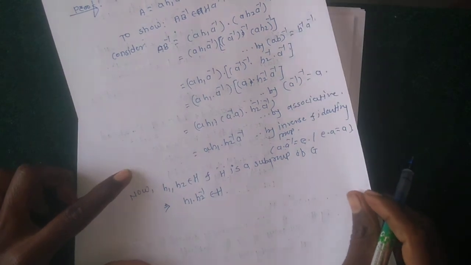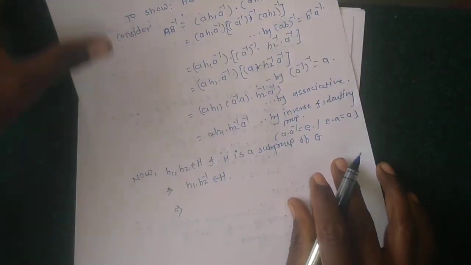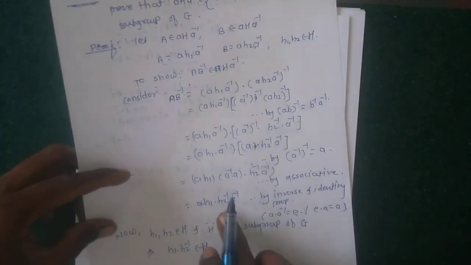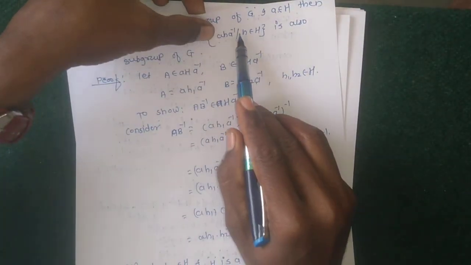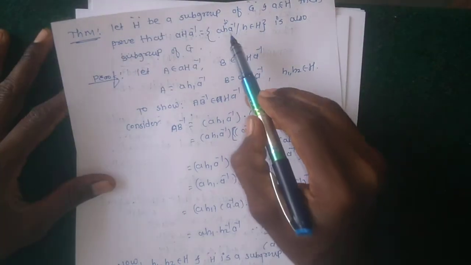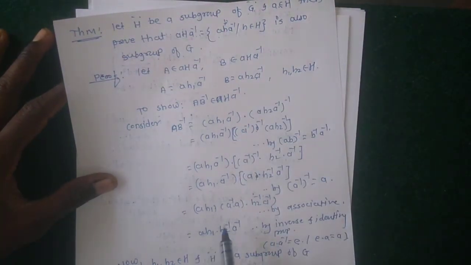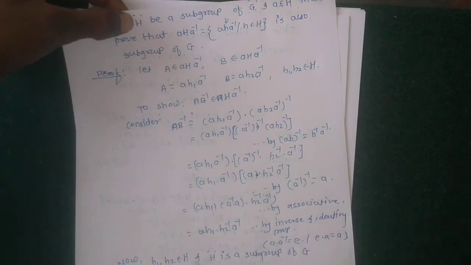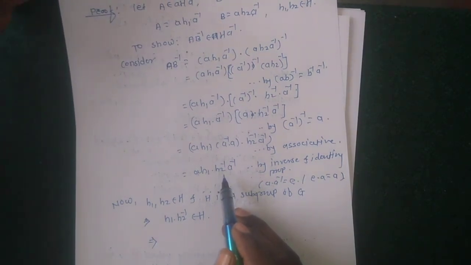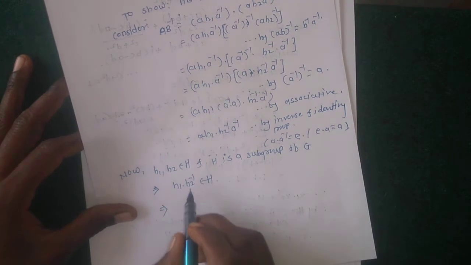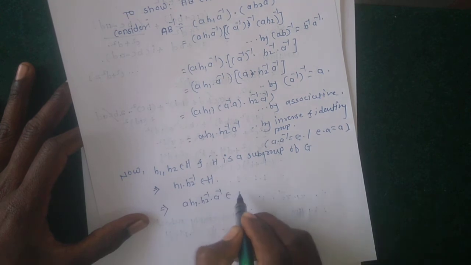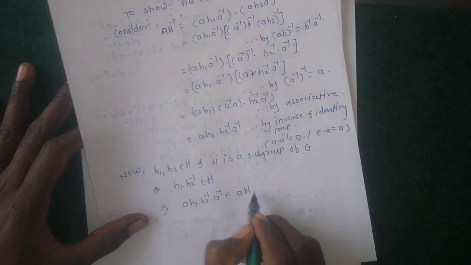Which implies that this element H1 into H2 inverse belongs to H, and this element is of the form A H A inverse, meaning the middle element is H1 into H2, and this is an element of the set H. Therefore, H1 into H2 inverse into A inverse belongs to A H A inverse.